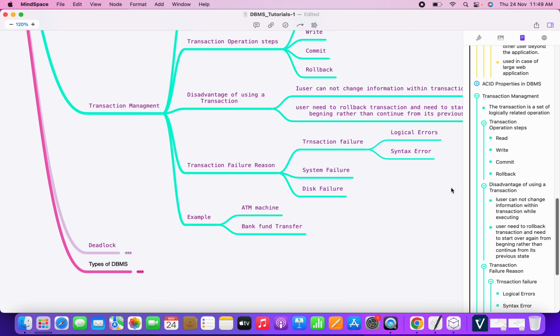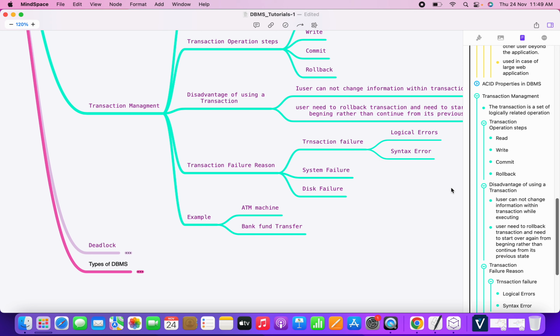Then there is system failure. When the transaction is executing but the system fails, there could be various reasons, maybe a power failure. That could be one reason. The third reason is disk failure. Whenever the database is stored on the file system, usually the file systems are on the SAN.